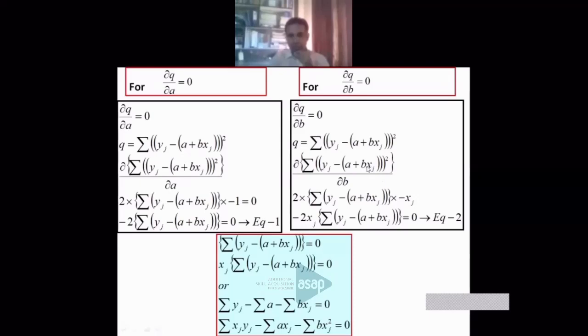The coefficient of b is xj. So dou Q by dou b of bj is minus xj, because minus a minus b comes out of the bracket. So minus bj, we get minus xj. When multiplied, you get minus 2 times the sum equal to 0. You can again divide both sides by minus 2, and get this as the xj sum.